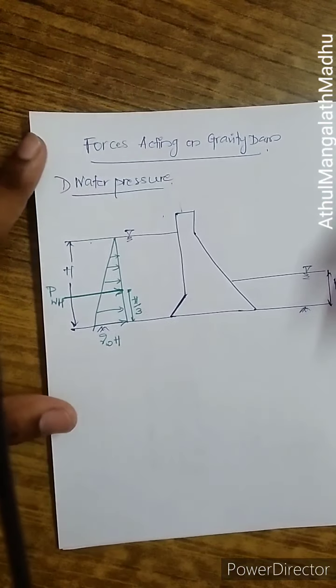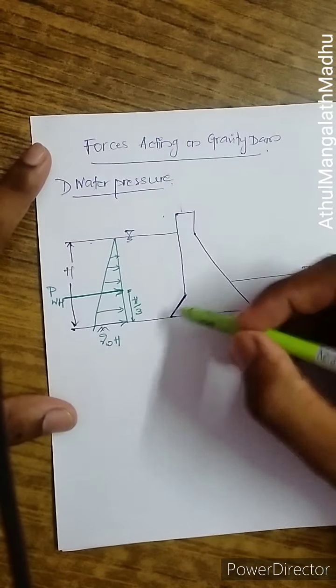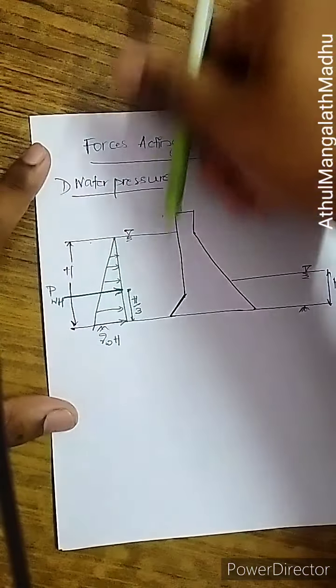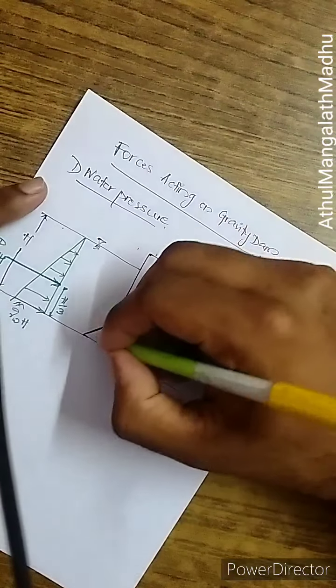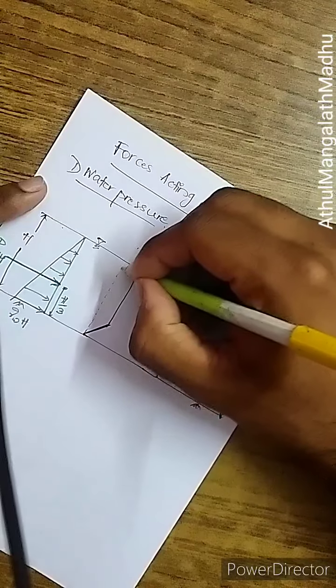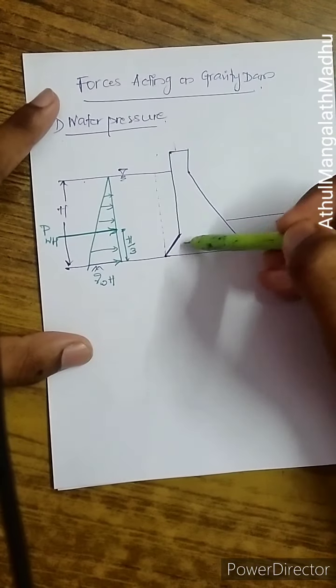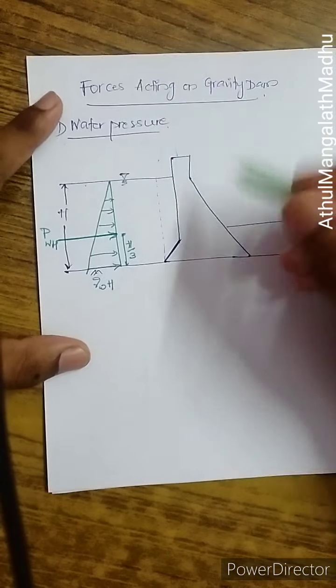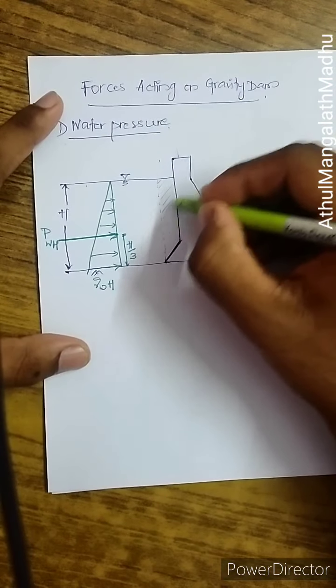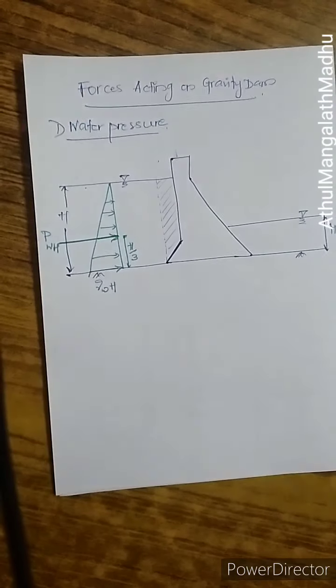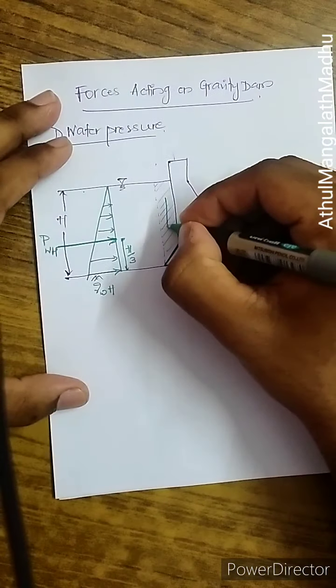You have already learned in your FM that if you have an inclined surface inside water, there will be a pressure acting. So here, this much water it will be holding. Since we have this inclined surface, the weight of this much column of water will also be acting downwards.